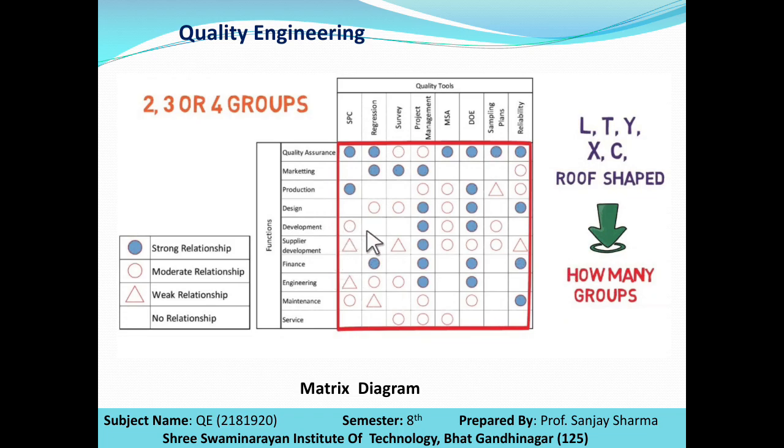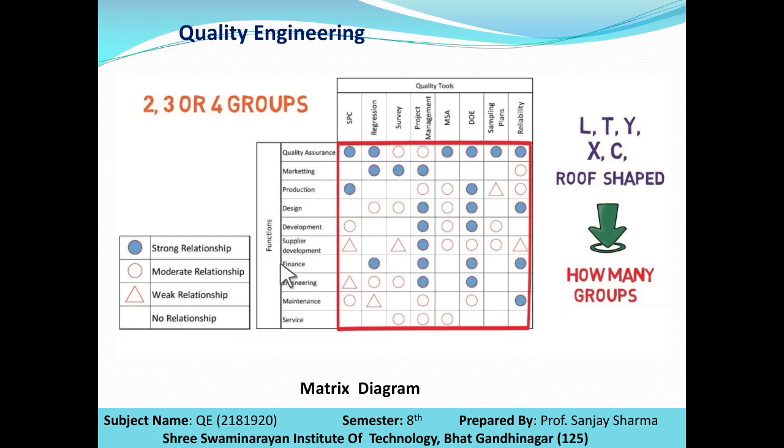Now here you can see this is the chart. These are the quality tools. The blue dot shows a strong relationship, the empty circle shows a moderate relationship, the triangle shows a weak relationship, and blank shows no relationship.